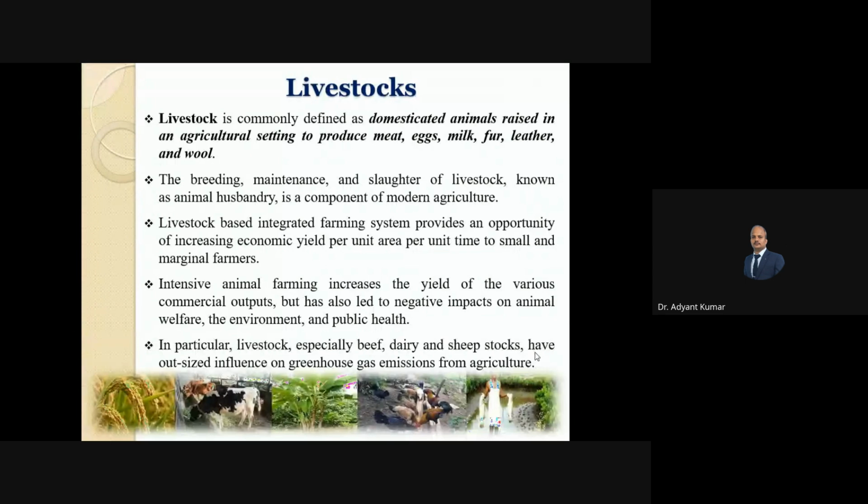Intensive agriculture increases the yield of various commercial outputs, but it also leads to negative impact on animal welfare as well as environment and public health.